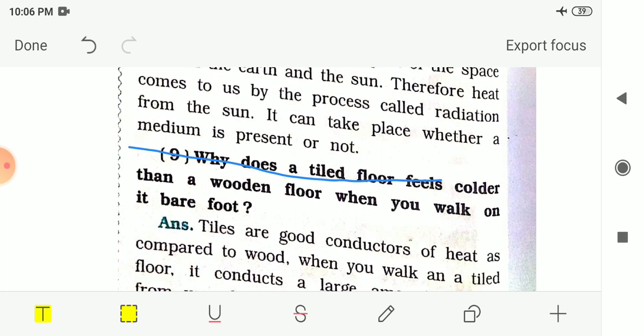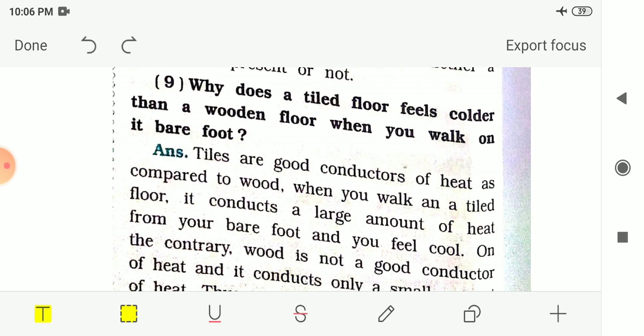Next question, number 9. Why does a tile floor feel colder than a wooden floor when you walk on it barefoot? That means when you are walking on the floors without your footwear, the tile floor feels colder as compared to the wooden floor.